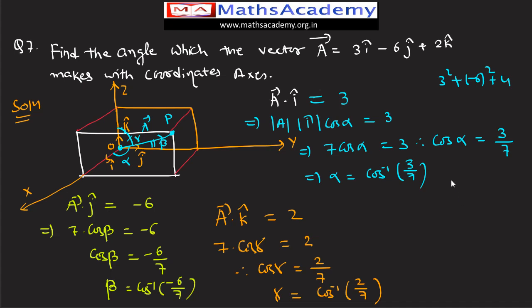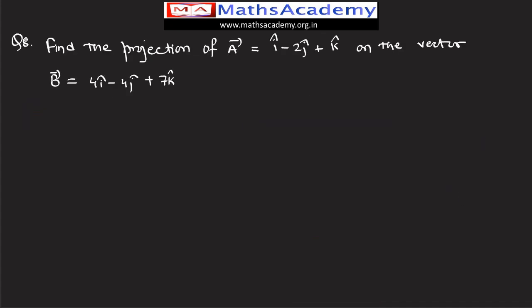Now going for the next question. Question number 8. Here we are going to calculate the projection of one vector on the vector B. So first of all we calculate B cap, which is the unit vector along the direction of the B vector. So it will be B vector divided by mod of B vector.